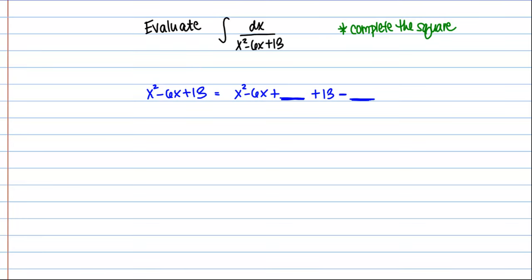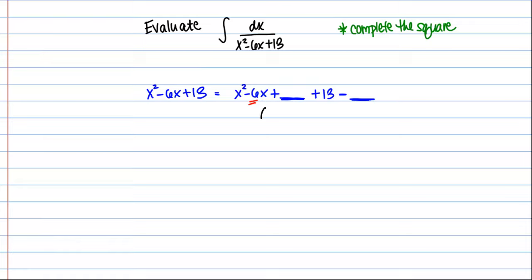Okay, so let me tell you how to find that special magical number. So what you're going to do is you're going to look at the coefficient of the linear term, which in this case is 6. Technically it's negative 6, although the sign isn't going to really matter in this case.